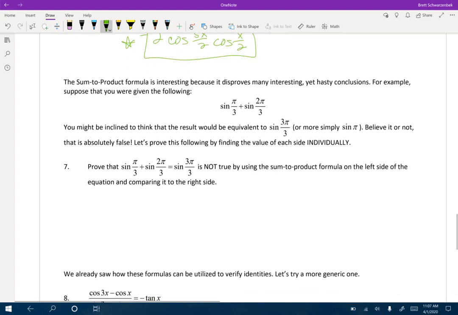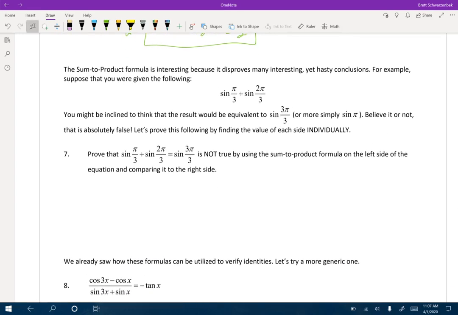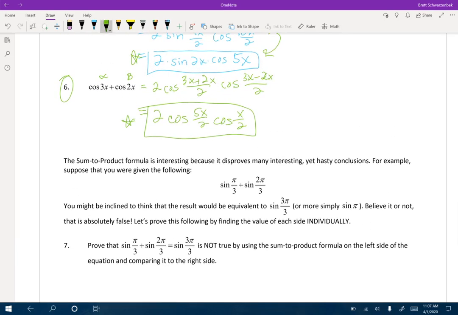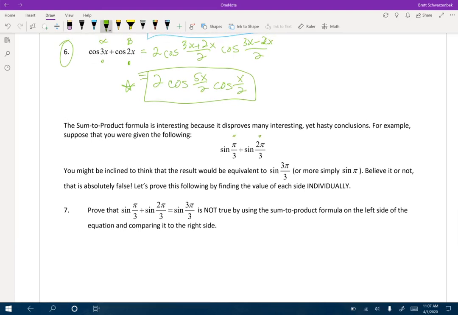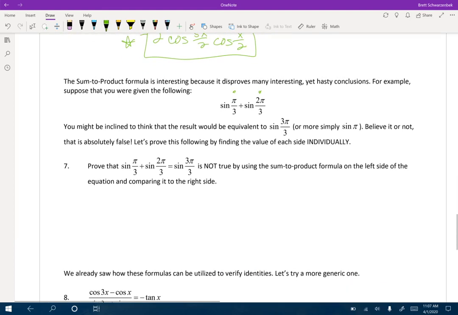Okay, so again, just like last time, how can we use this in a setting where, instead of variable angles like we have here, we now have actual radian angles? A lot of times in this section we talk more about proving something is true or not true.